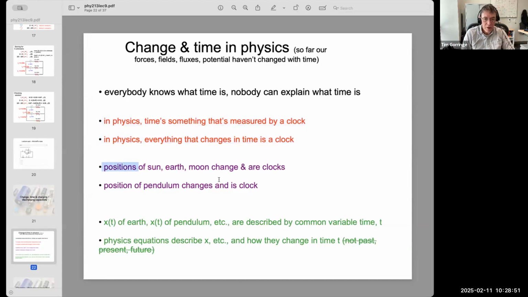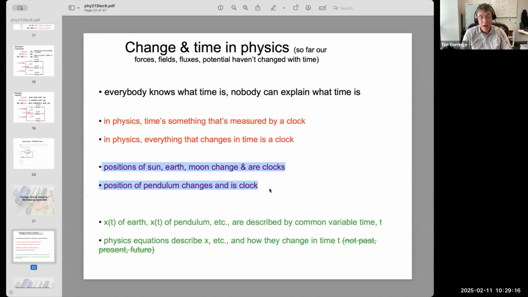Let me give you some examples of things that are clocks. The position of the sun, the earth, the moon, the planets. Those can all be used as clocks, right? They all change with time. And actually, they were the first clocks. Early civilizations used the position of the sun in the sky, the moon in the sky, etc., as a clock.